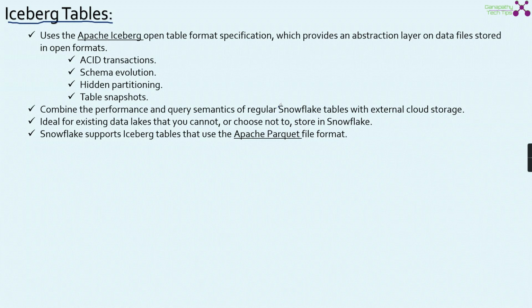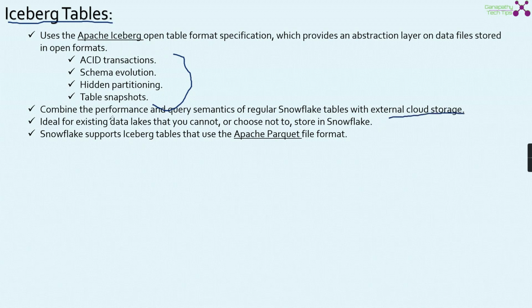It is more or less similar to external tables, meaning all the data lies in the cloud service provider ecosystem only, typically S3, Azure Blob or GCS buckets, and the metadata and all the other relevant information are available in the Snowflake ecosystem. As we already discussed, these are the typical advantages of using Apache Iceberg. We can combine the performance and query semantics of regular Snowflake tables with external cloud storage.